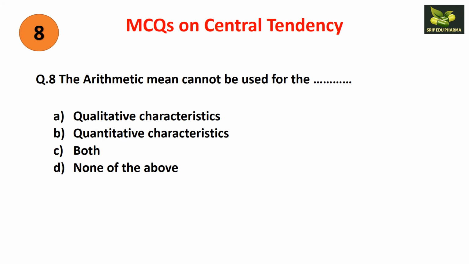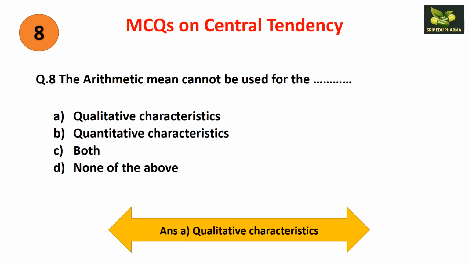Question number 8. The arithmetic mean cannot be used for A. Qualitative characteristics, B. Quantitative characteristics, C. Both, or D. None of the above. Here you have to remember what is qualitative and what is quantitative. The answer will be A, that is qualitative characteristics, because qualitative examples are like caste, religion, sex.